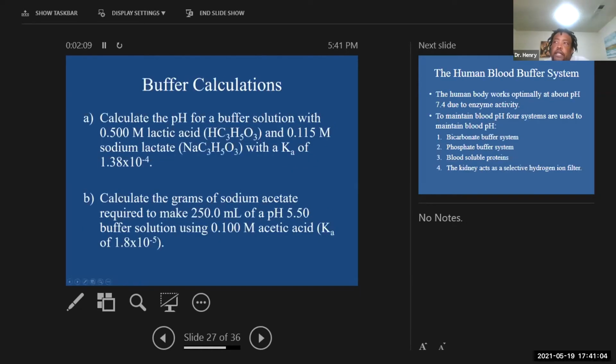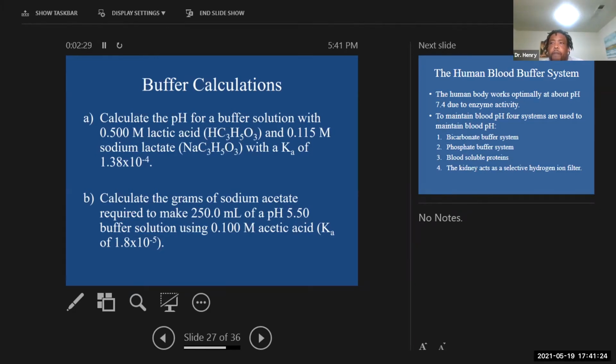Calculate the pH of a buffer solution with 0.500 molar lactic acid and 0.115 molar sodium lactate with a Ka of 1.38 times 10 to the minus 4.